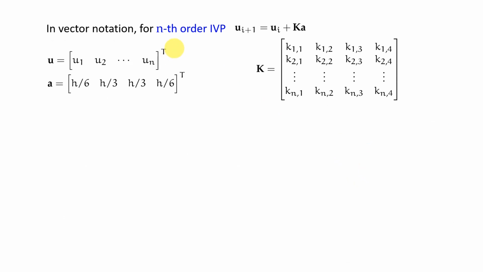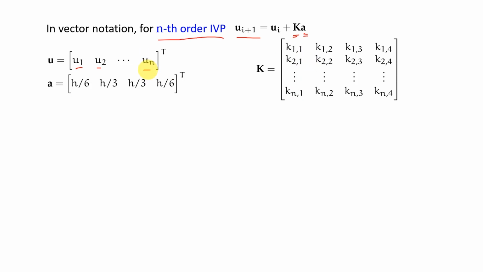You can generalize this idea for an nth order initial value problem. You can take u as a vector, k as a matrix, and then a as a vector. The u vector is a column vector of u1, u2, etc. up to un. I am writing it here as a row, that is why there is a transpose, because this is a column vector. And k will have n of this.